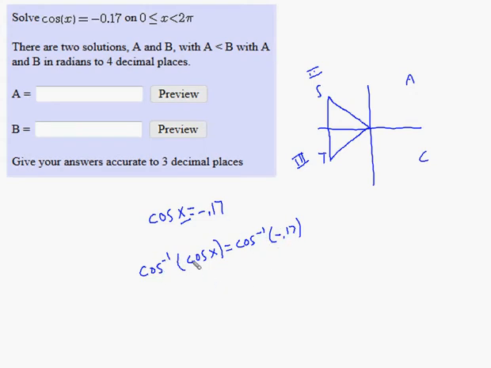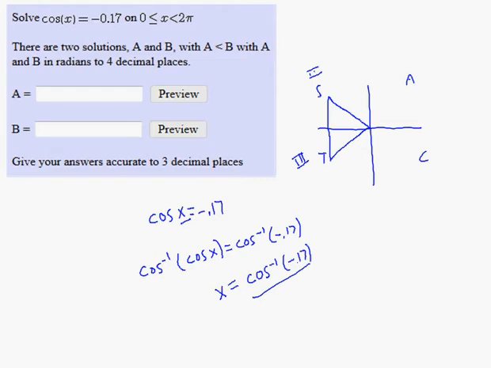So here the inverse cosine of the cosine of x will simplify down to be x, and on the right hand side I have inverse cosine of negative 0.17. So you will get one of the answers for free in the calculator. If you just type this in verbatim in the calculator, you get an answer. But to understand how to find the second answer, you have to know some things about the reference angle.